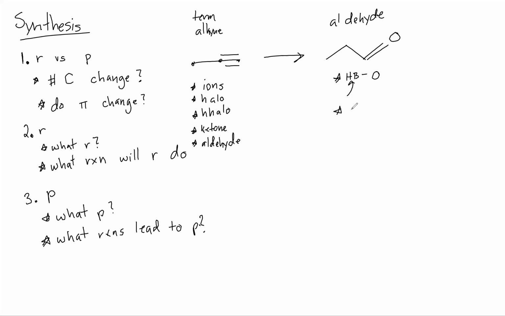Oh, okay, so we can also use ozonolysis. We start with 3 carbons and end with 3 carbons, so we're not changing the number of carbons. Ozonolysis, as far as, it depends.